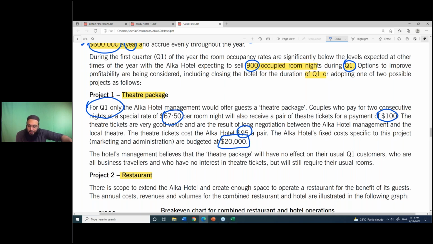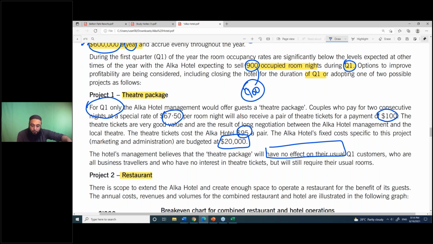The hotel's management believes that the theater package will have no effect, and that's very important, on their usual quarter one customers, and those are 900, who are all business travelers and who have no interest in theater tickets, but will still require their usual room. So the current audience remains unchanged.